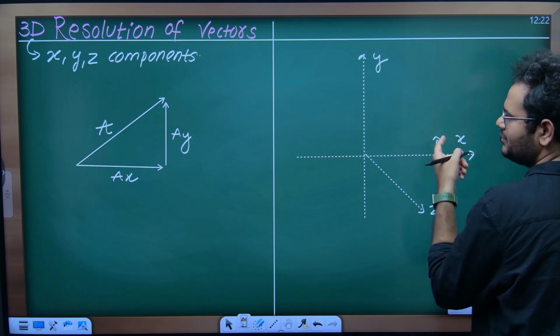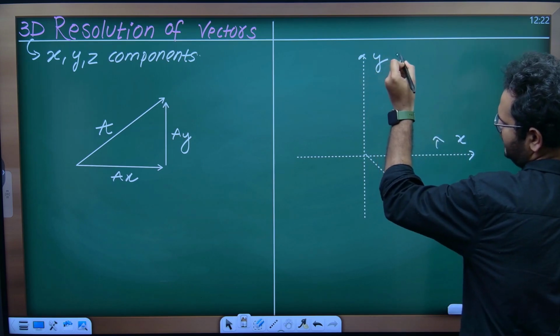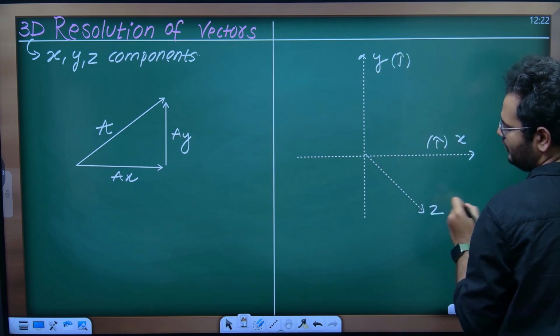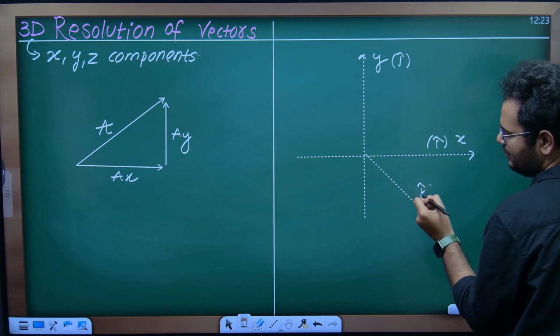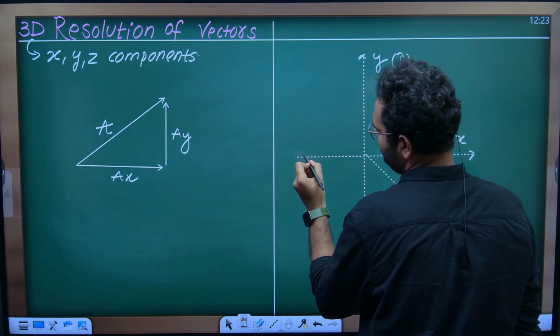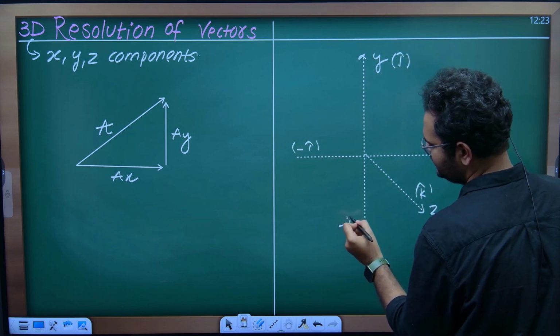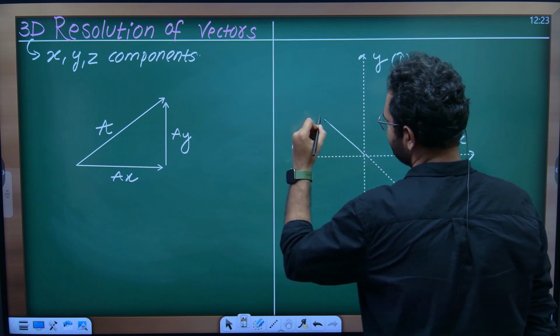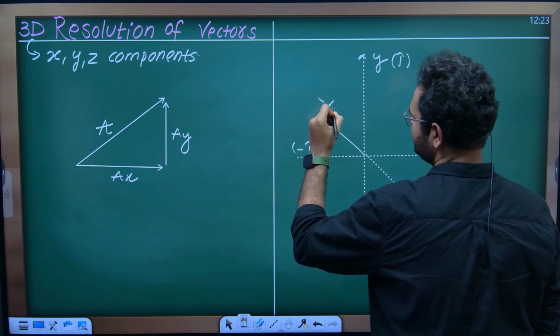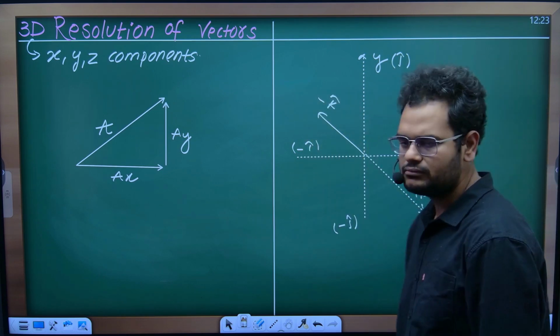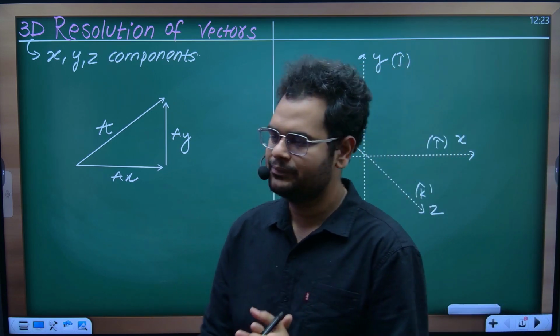The positive axes are represented by i cap, j cap, and k cap. These are the unit vectors for representation of direction. Similarly, for minus x it is minus i cap, for minus y it is minus j cap, and inside the plane of paper it is minus k cap. This is very clear. This is basic.